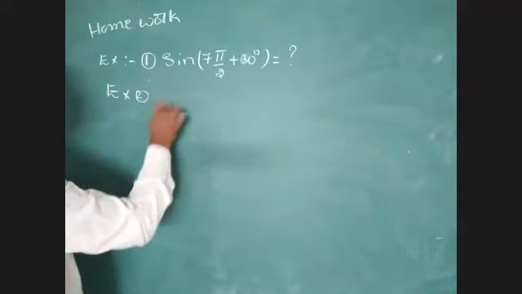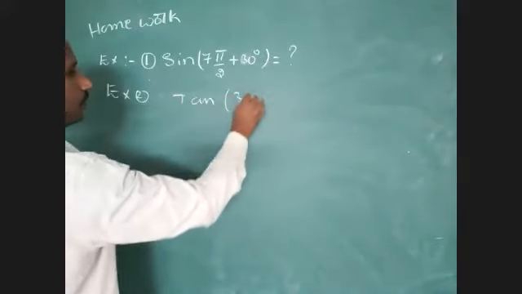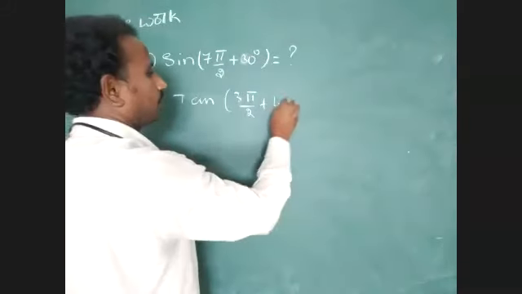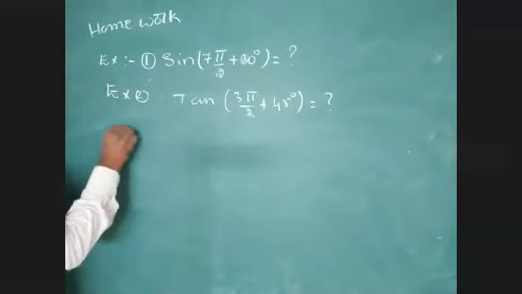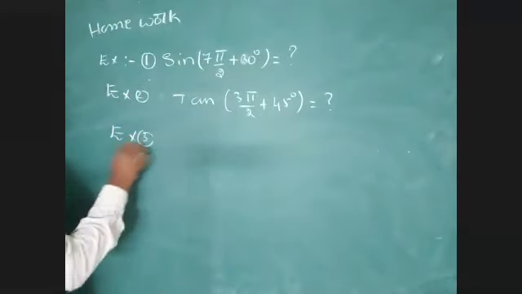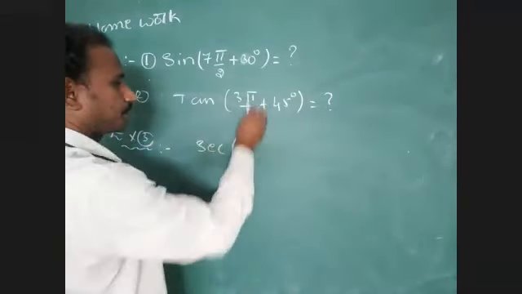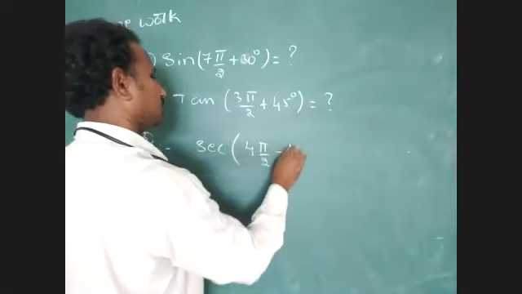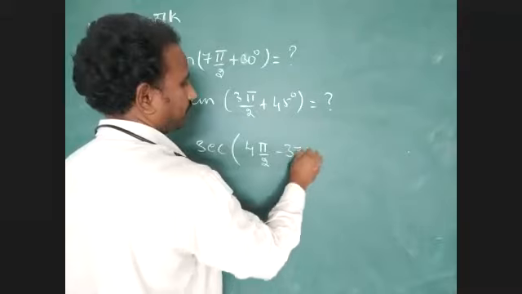Example problem 2: tan of 3 pi by 2 plus 45 degree equals question mark. Example 3: secant of 4 pi by 2 minus 37 degree.